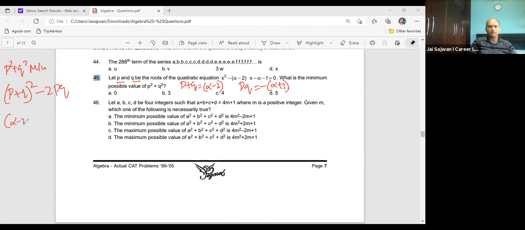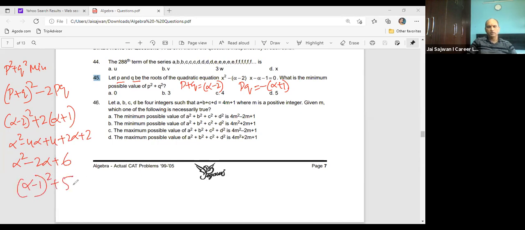I can write it as alpha minus 2 whole square minus twice of minus, minus will become plus, alpha plus 1. That gives you alpha square minus 4 alpha plus 2 alpha plus 2. That comes to alpha square minus 2 alpha plus 6. I'll say alpha minus 1 ka whole square plus 5. This is the value which is coming here. I want it to be what?